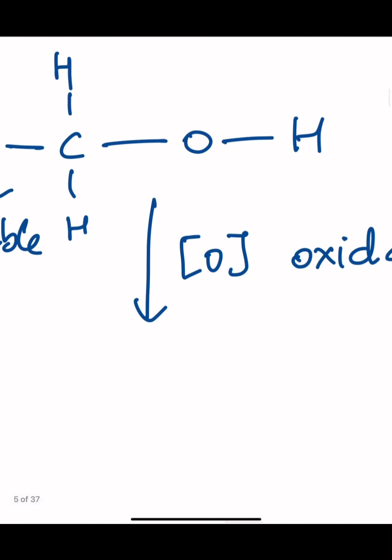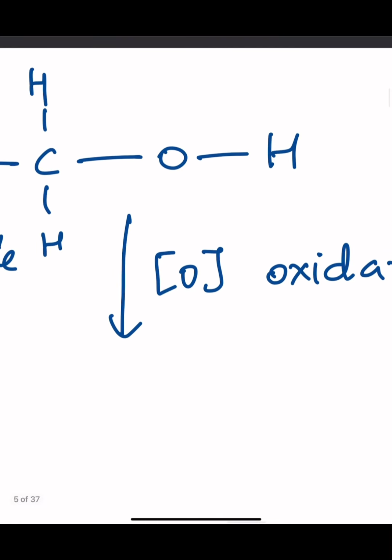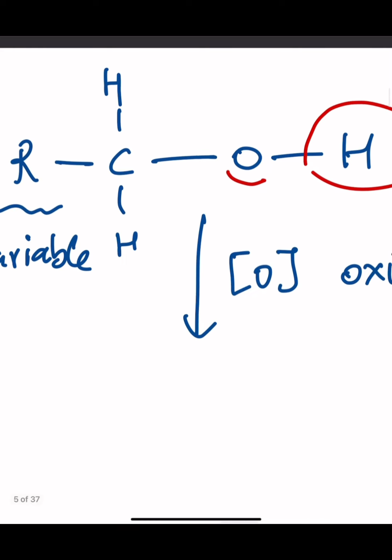Okay, in this case, we're going to lose two hydrogens. Look at here. One of the hydrogens is going to be lost from the OH group, you see the hydrogen in here, we're going to lose this hydrogen, and the carbon with the star that is holding the OH group is going to lose another hydrogen. So we need to lose two hydrogens, okay?